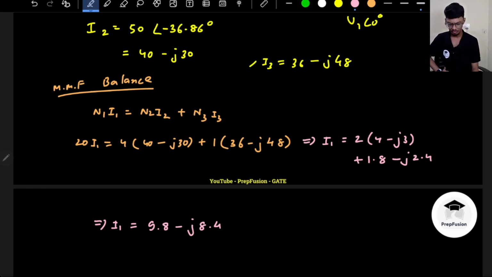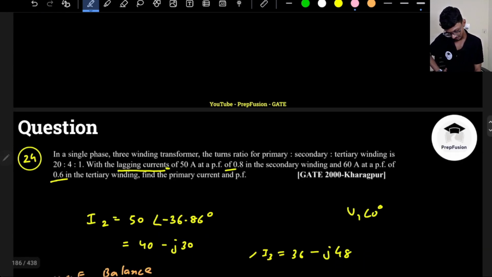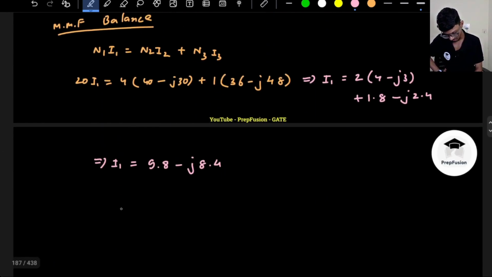They are asking for the primary current and the power factor. The power factor will be lagging. The magnitude of the current I1, if I convert this into polar format, will be the square root of 9.8 squared plus 8.4 squared, so this will be 12.9.